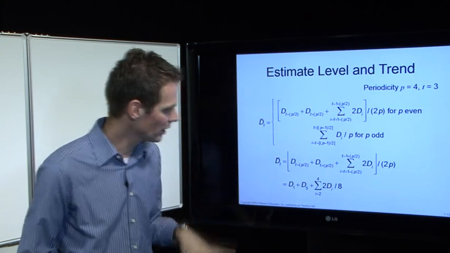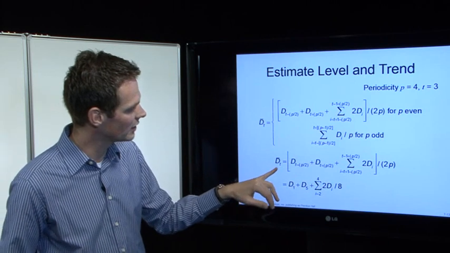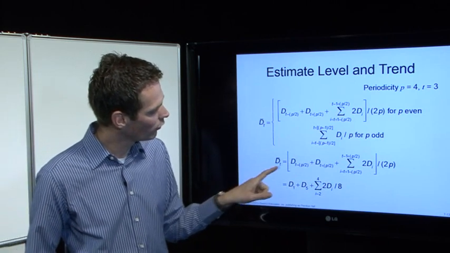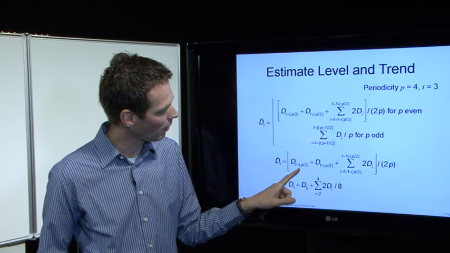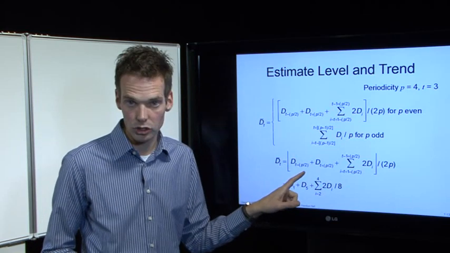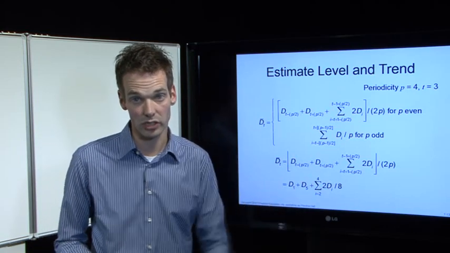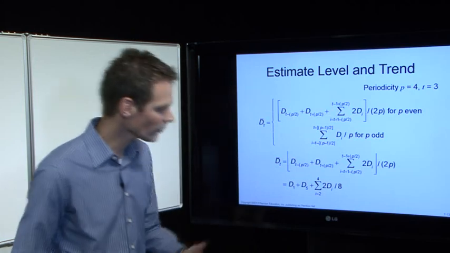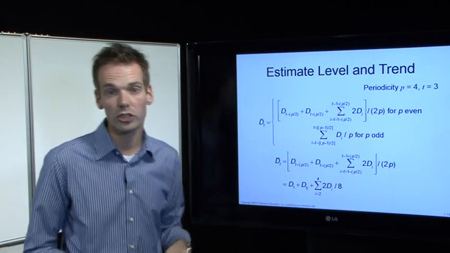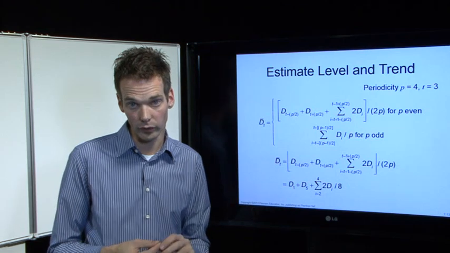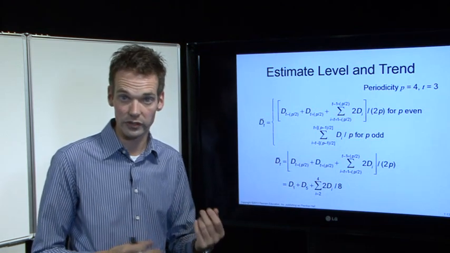This formula tells us to take d sub t minus p divided by 2, and so forth. How does that work with all the timing?